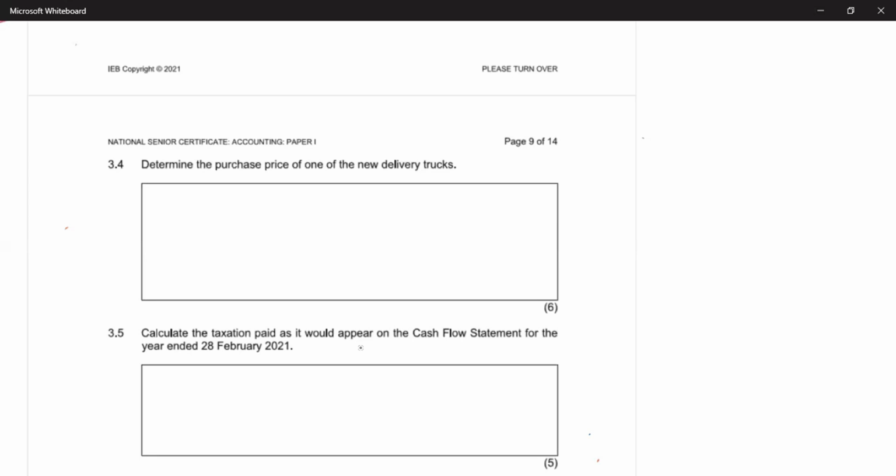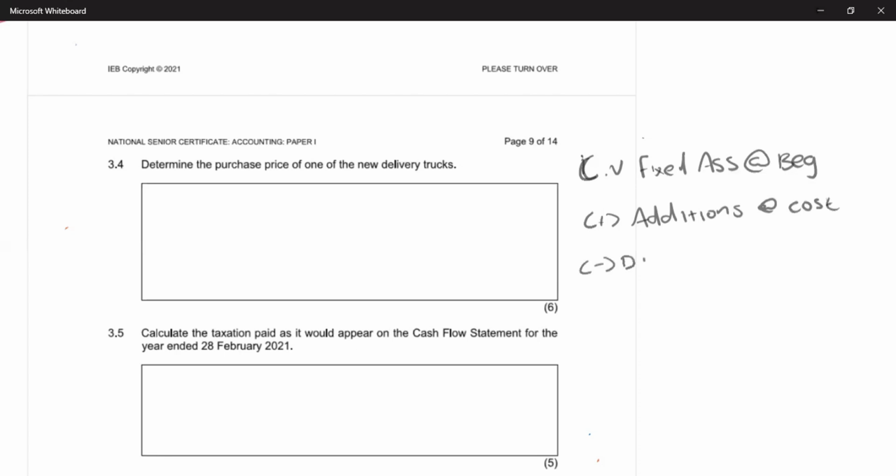So it's going to be the carrying value of my fixed asset at the beginning, plus my additions at cost, minus my disposals at carrying value.